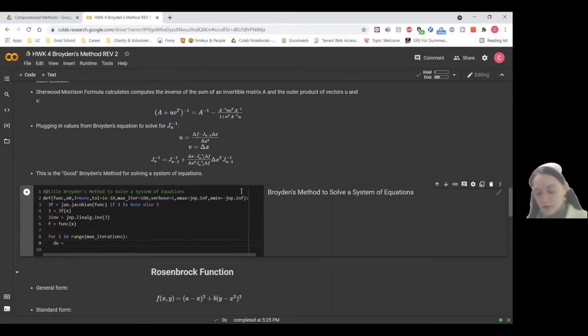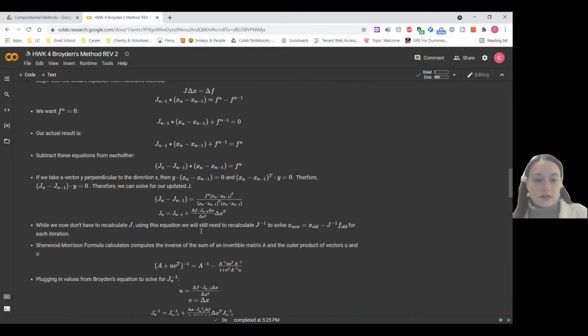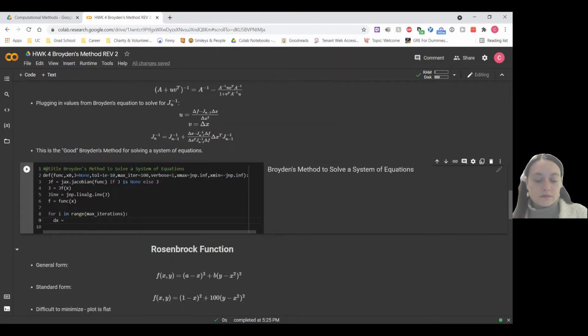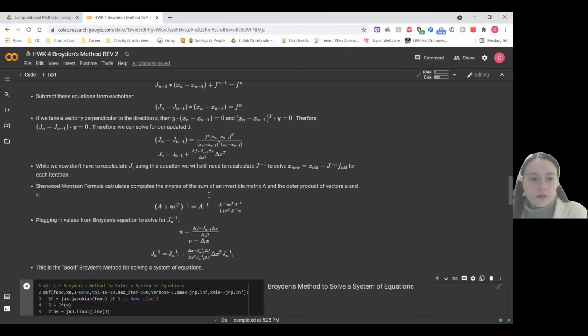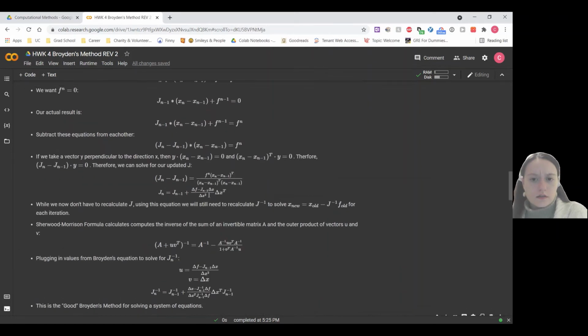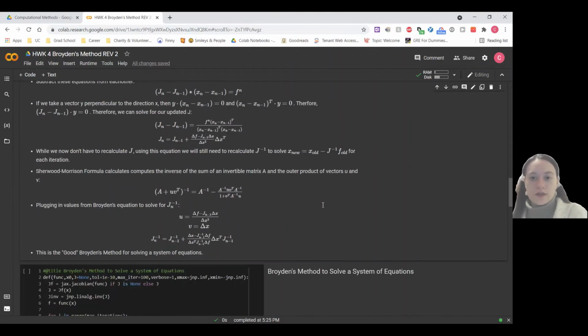Now we need to specify what our dx is going to be, since we didn't say what it was before. Normally our delta x we get from this secant function. x new minus x old is just the inverse of the Jacobian times f old.